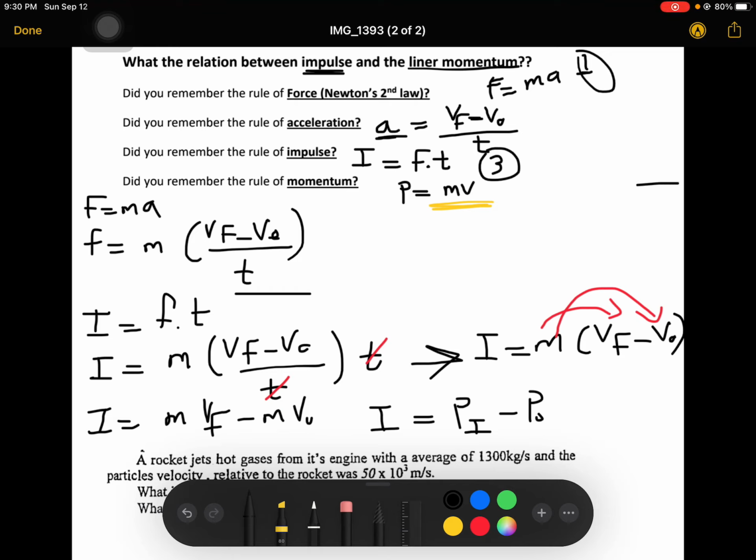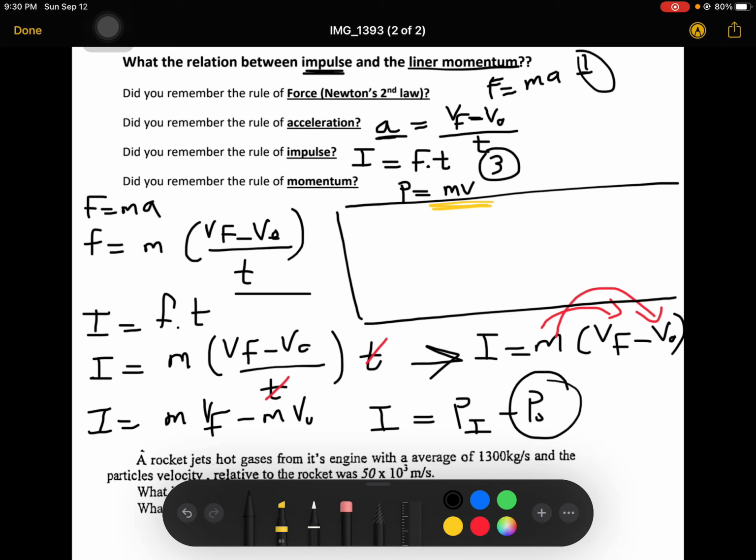I will continue here in this box. When the rocket is going to launch, it is at rest. For that, p initial is going to be 0, so the impulse equals the momentum.